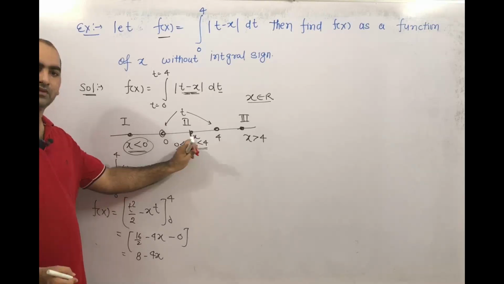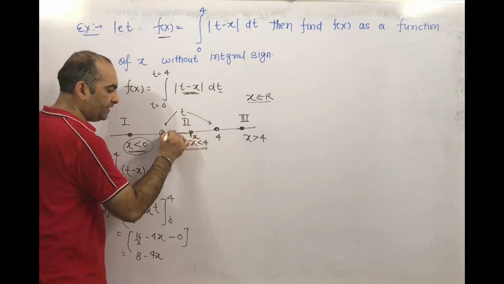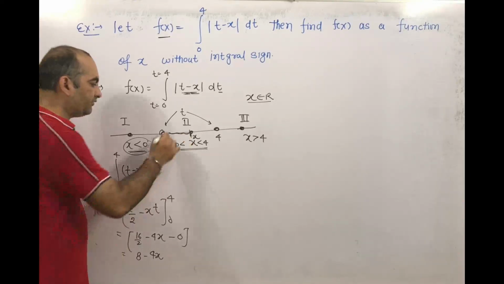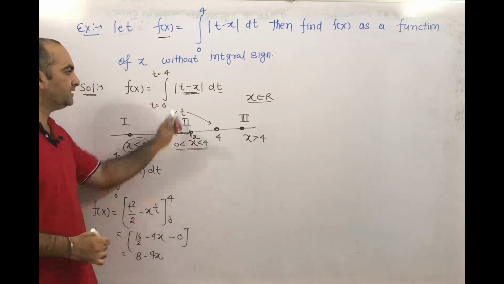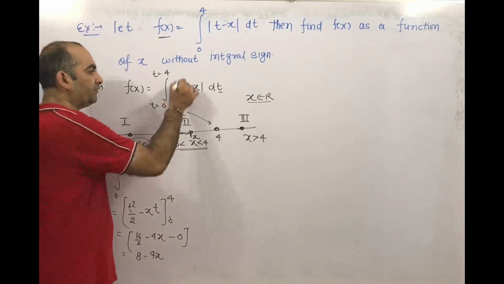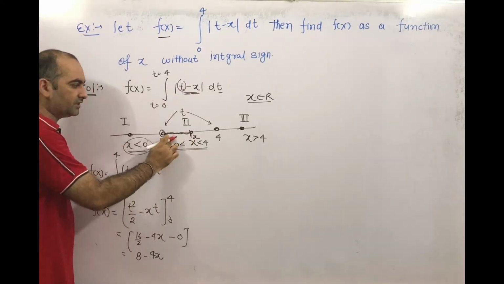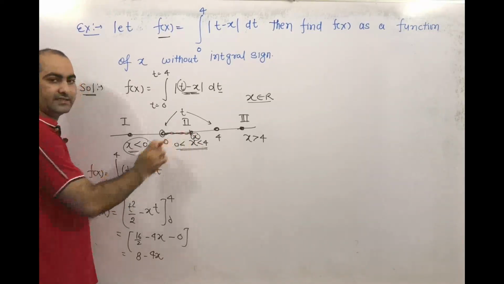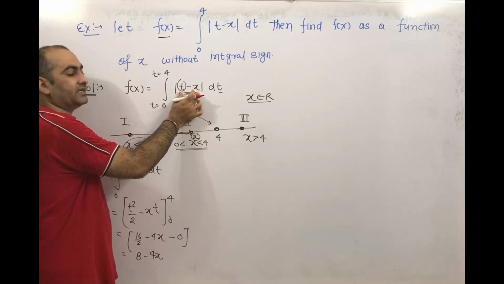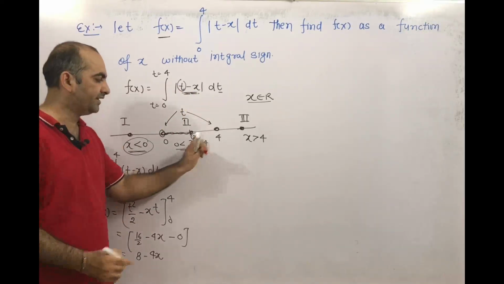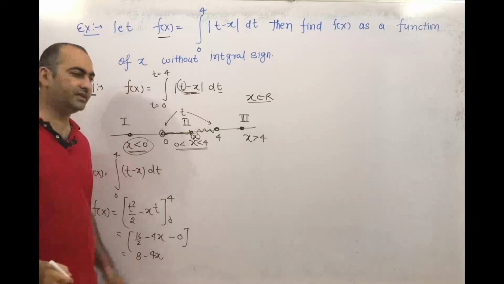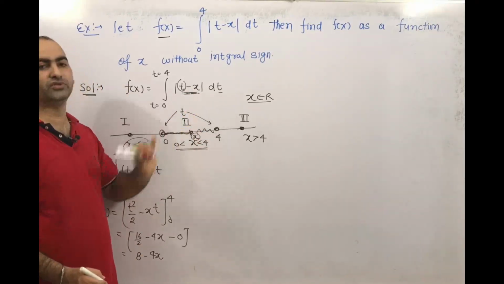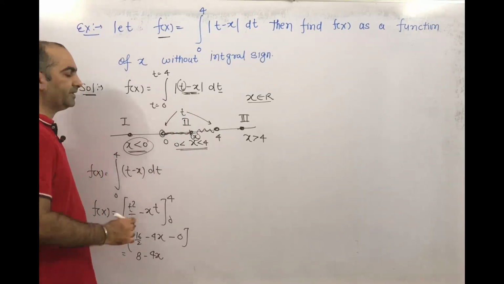If t lies from 0 to x, then t is less than x, so this value is negative. And if t lies in the interval greater than x, then this will be positive. So here we need to separate the integral.